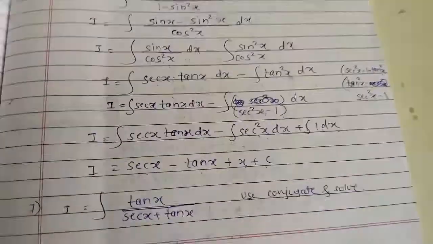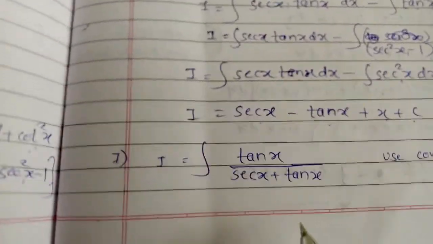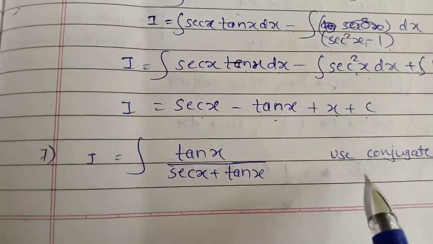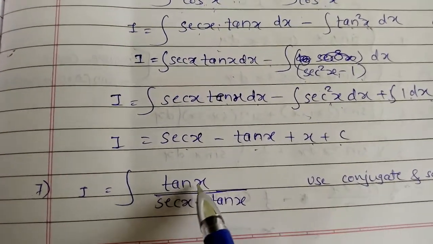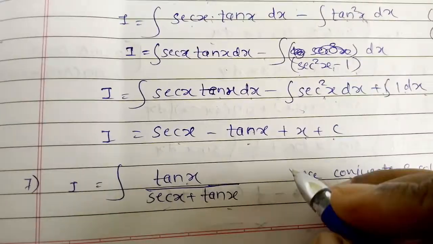Example number 7 is the same as example number 6. I am just going to give you a hint on how to solve it. I is equal to integration of tan x upon sec x plus tan x dx.